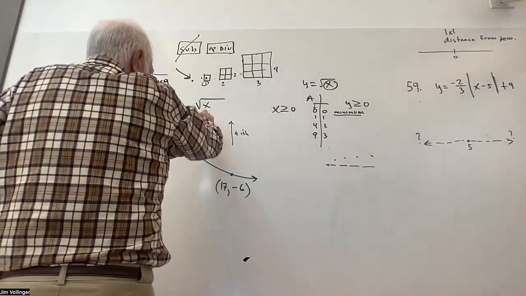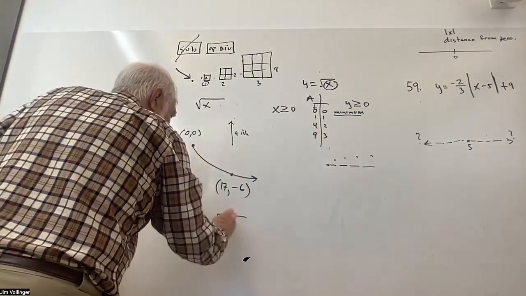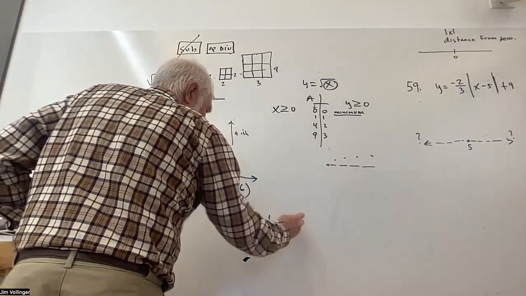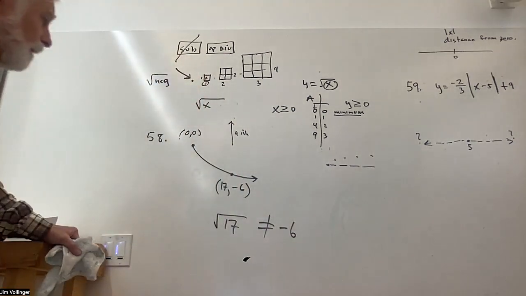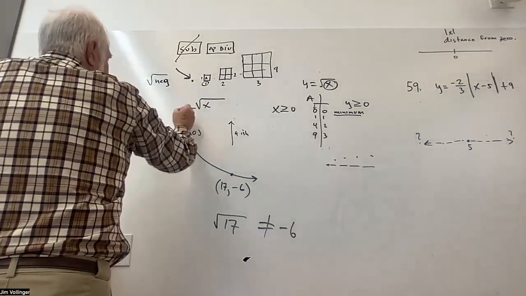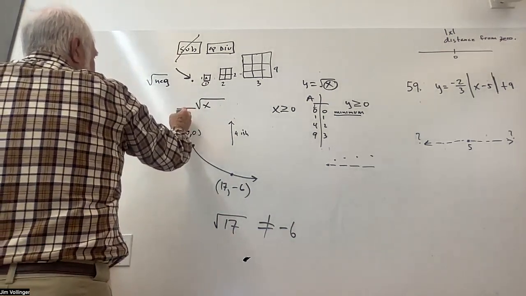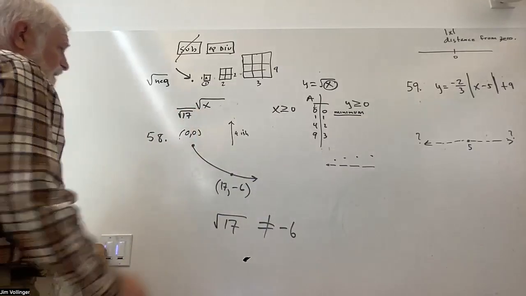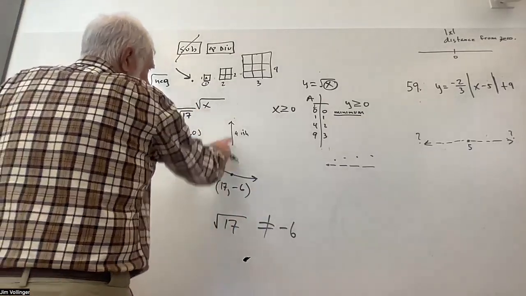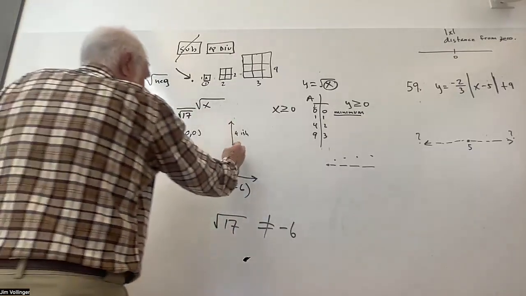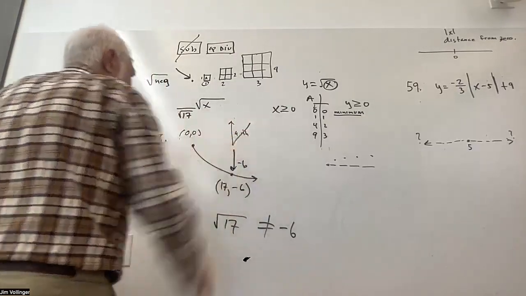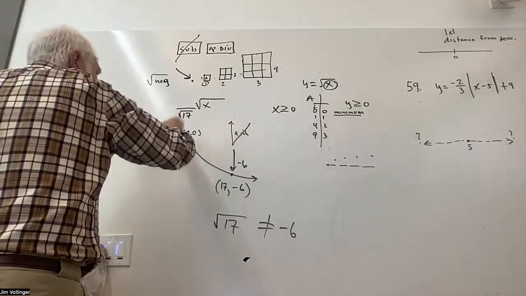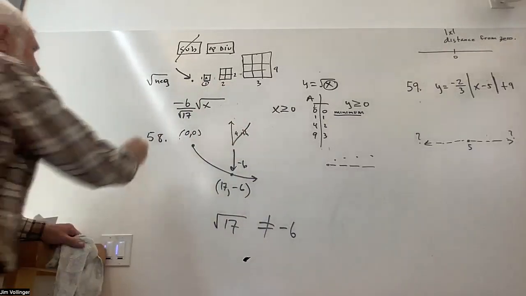So if I put a 17 in here, I get the square root of 17, and that does not take me to -6. So I operationally divide out x2 minus x1, and I get the square root of 17. And that's about 4-ish. I'm really going up about 4-ish, but I really want to go down 6, not up 4-ish. That gets the up 4-ish out of the picture and brings the down 6 in.